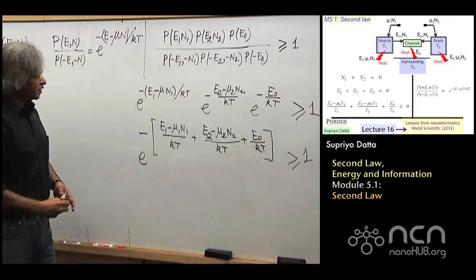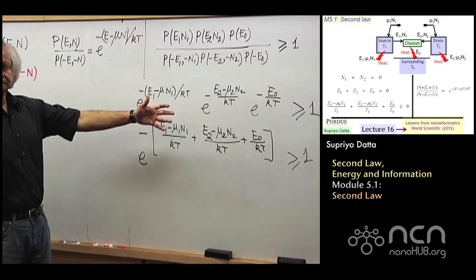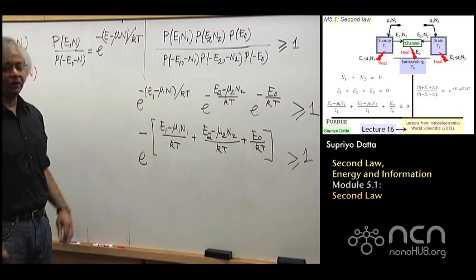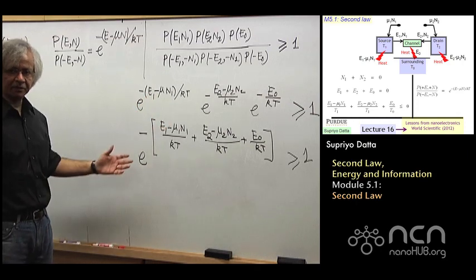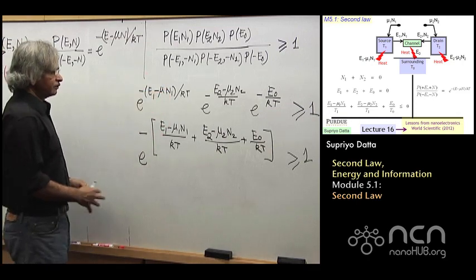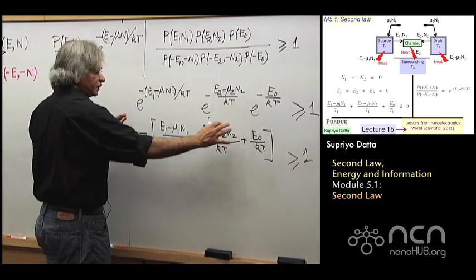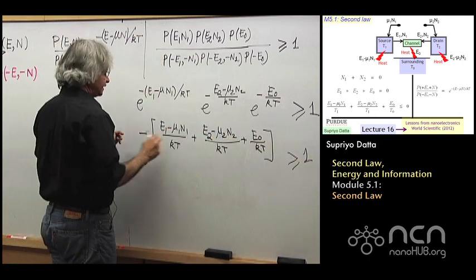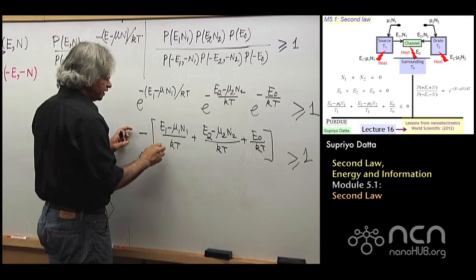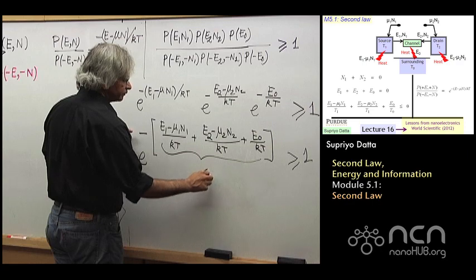Now this exponential has the property that exponential of 0 is 1. Exponential of a negative quantity is less than 1. Exponential of a positive quantity is more than 1. So if this happens to be more than 1, it means whatever I have in the exponent must be positive. And since I have a negative sign in front, it means this quantity must be negative.